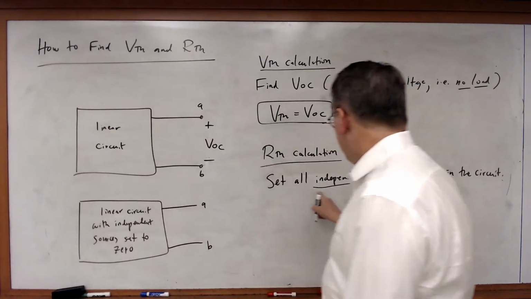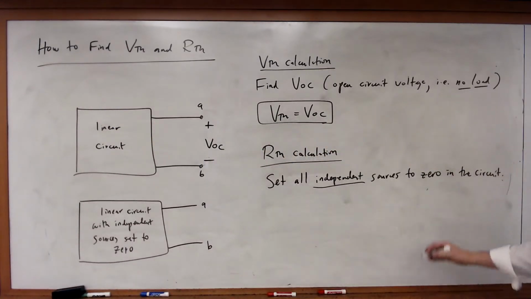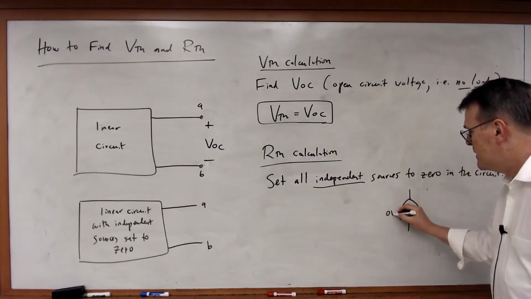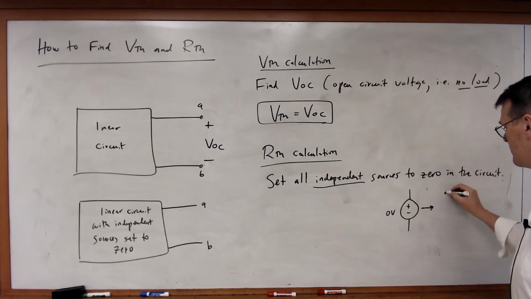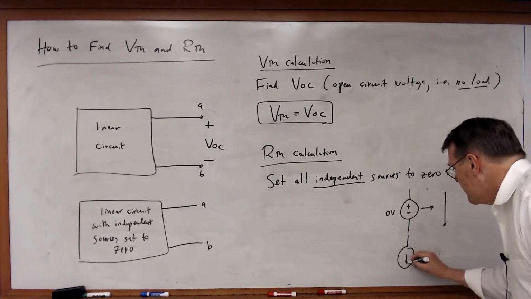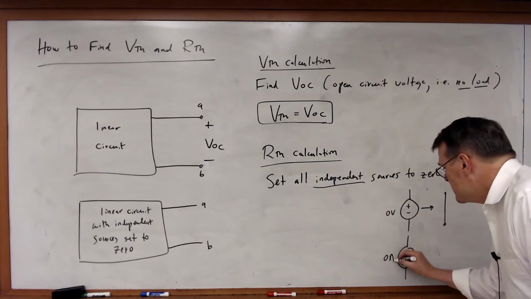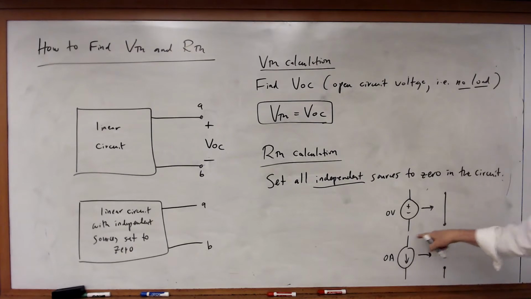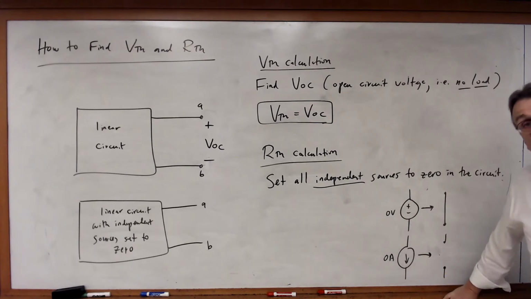And what do I mean when I say set to 0? What that means is if I have a voltage source and I set it to 0, it becomes a wire. If I have a current source and I set it to 0, it becomes an open circuit. So this is no different than what we saw before when we looked at superposition.